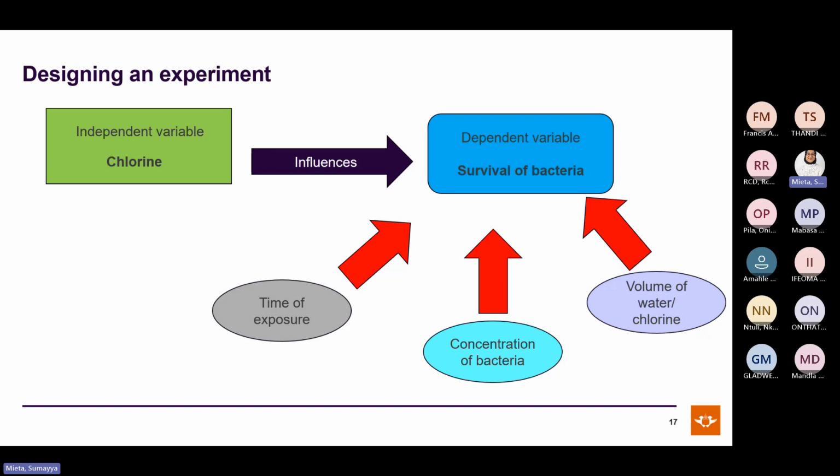Okay, so these variables, the time, exposure, the concentration of the bacteria and the volume of the water or chlorine can be changed. They can also be manipulated to influence the dependent variable. Okay.